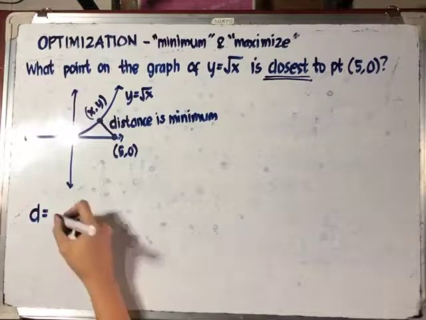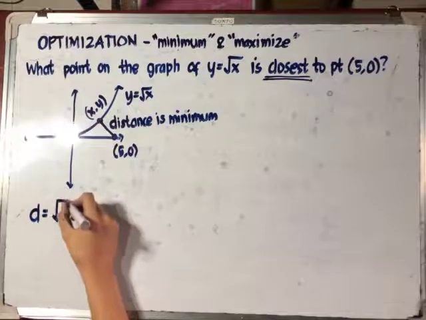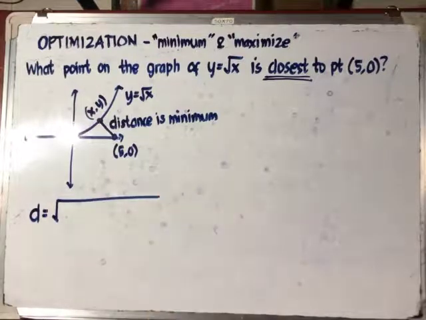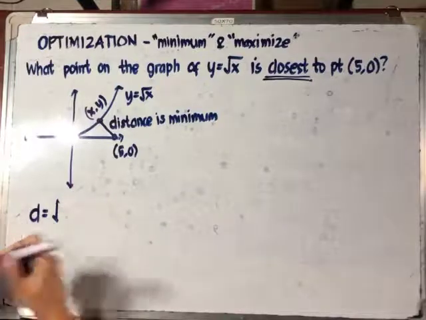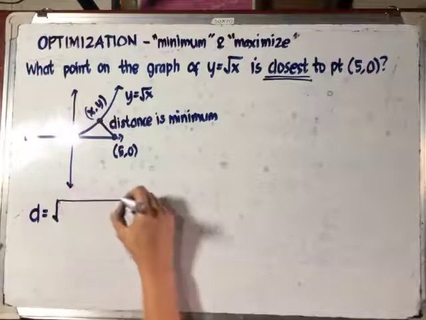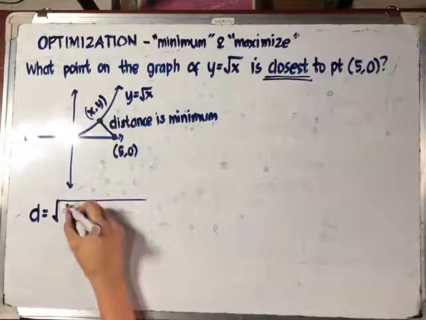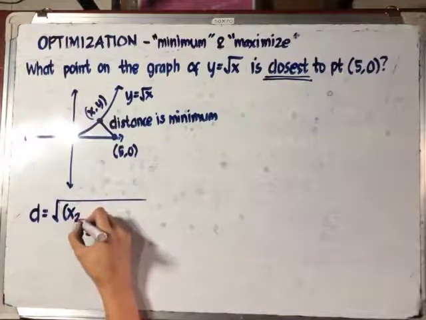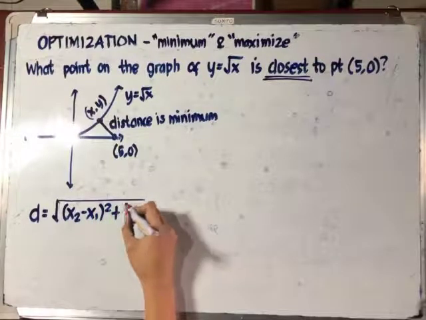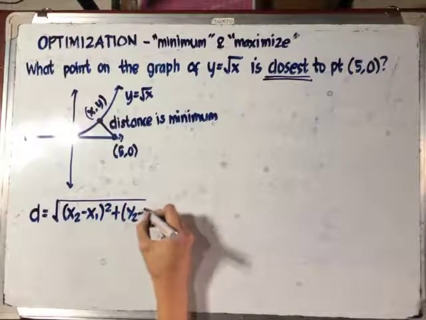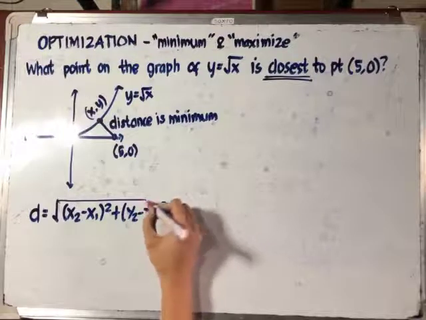Our distance equation is like this. From the principles of analytic geometry, that is the square root of x2 minus x1 squared plus y2 minus y1 squared.